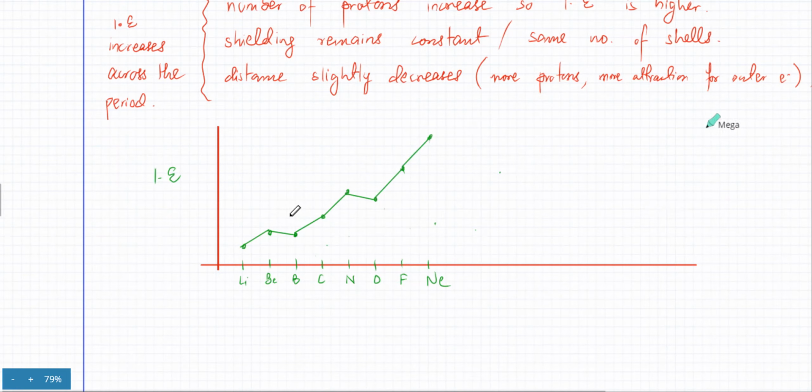The general trend is that it is increasing, except that there are dips at group 3 and group 6.